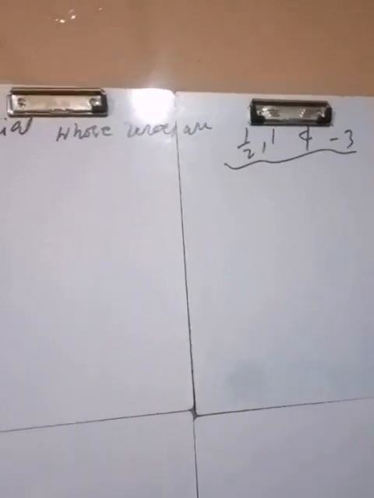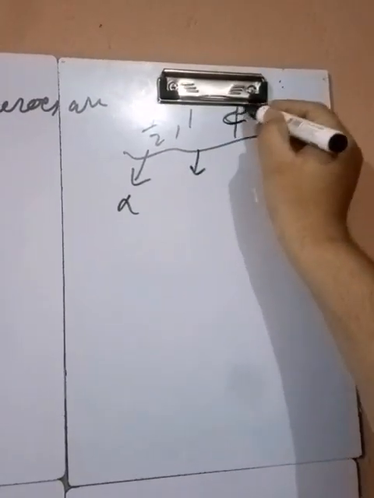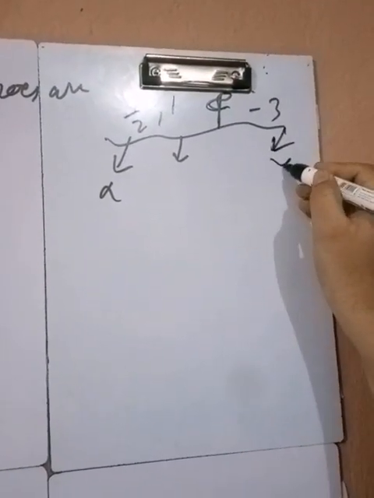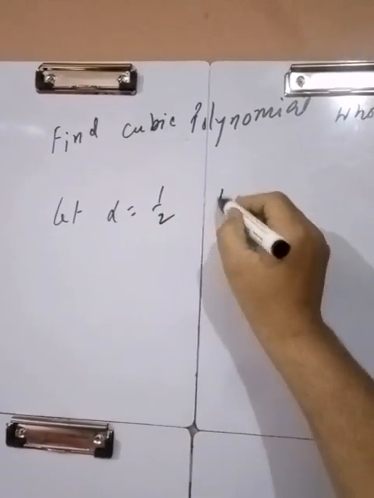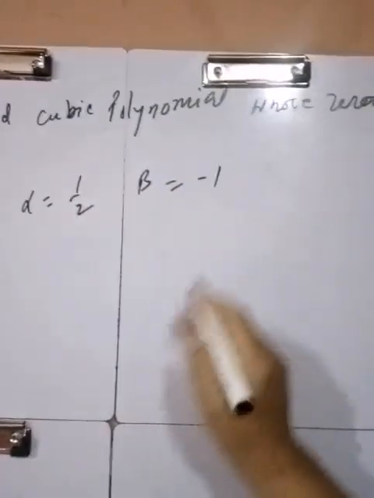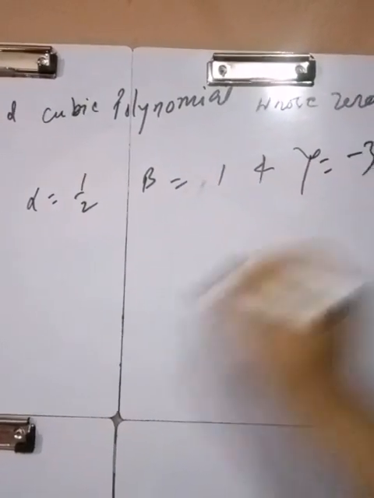In this situation I take this as alpha, this as beta, and this as gamma. So we start by taking alpha equal to 1 by 2, beta equal to 1, and gamma equal to -3.